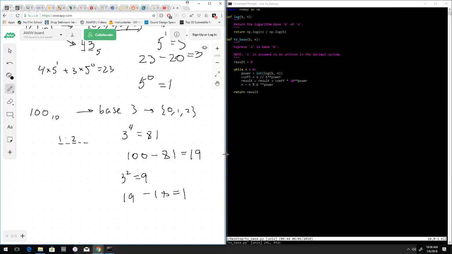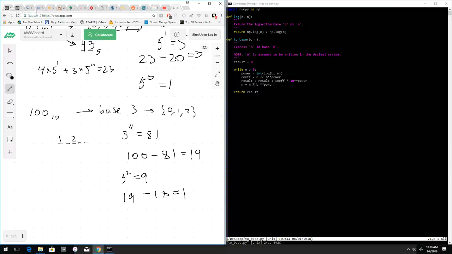Now, what is the highest power of 3 that fits in 1? And that's the 0th power. So the place where I will put a digit will be right here in the rightmost placeholder. What should that digit be?